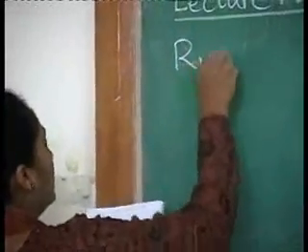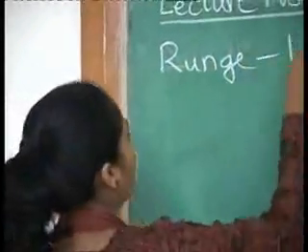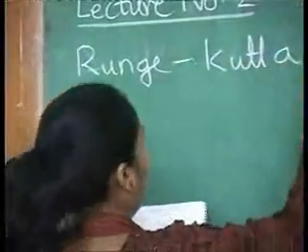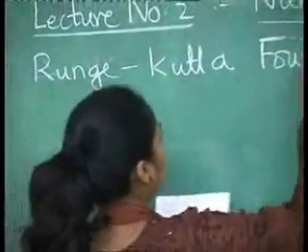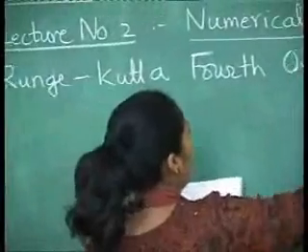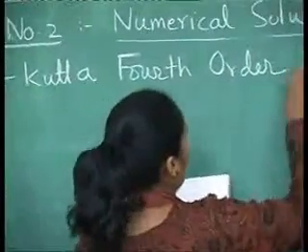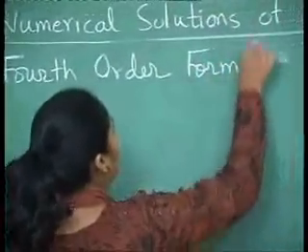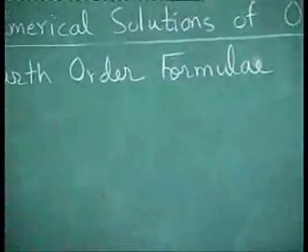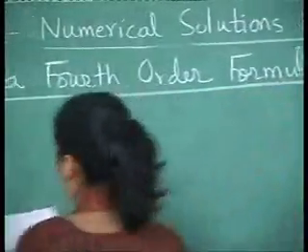So I'll directly go to the fourth order formula and I'll give you the formula directly. So Runge-Kutta fourth order formula. In fact, there's a whole series of formulae that one has to go through. Once you get used to it, the formulae are not difficult to remember.